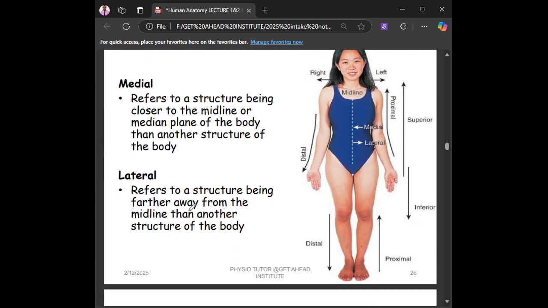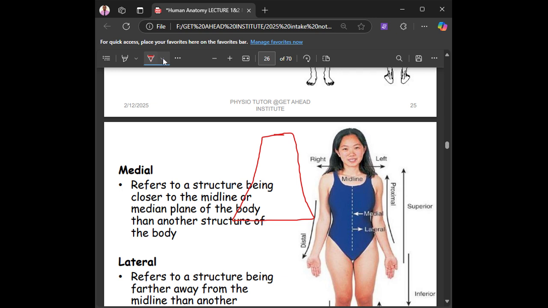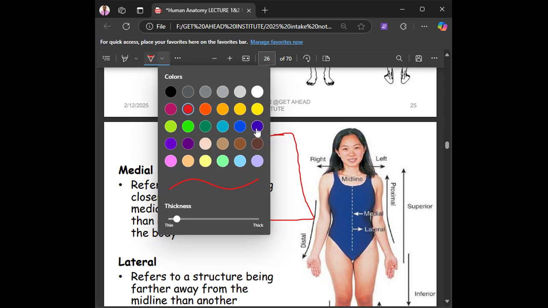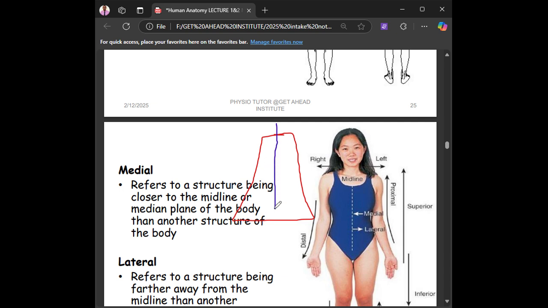Then when we talk about medial, let's say this is our midline.